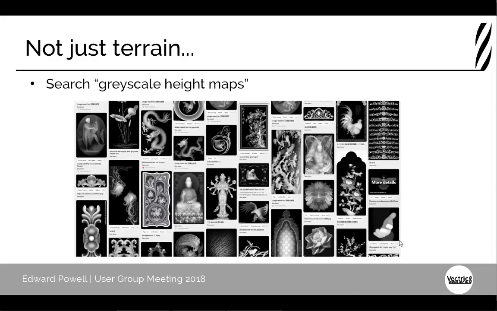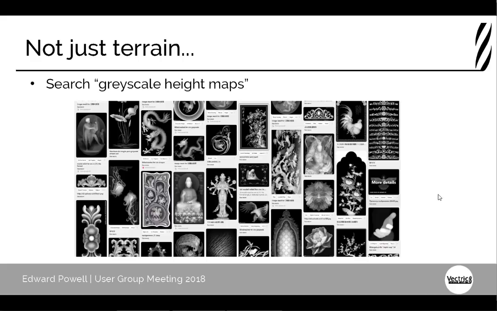On the plus side, though, it's not just terrain, right? So once you get into grayscale images, and I'm going to digress here a little bit off my core topic of terrain, just to point out, because I think it's an often missed area of easy to get hold of models. People create these grayscale images in all sorts of ways, in paint packages, using airbrushes, and it's also the format that a lot of laser machines use for 3D lasering.